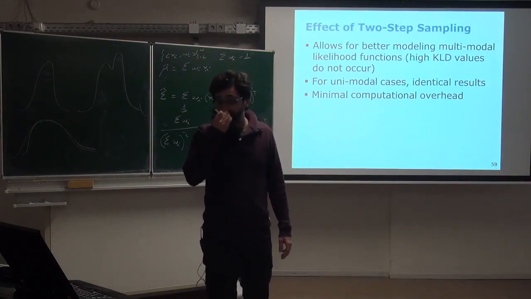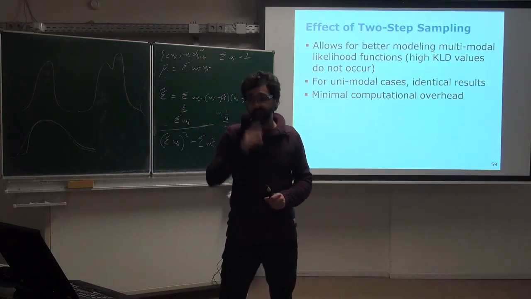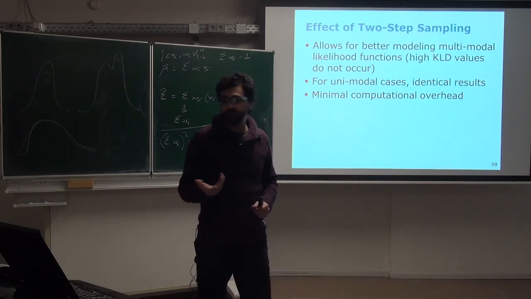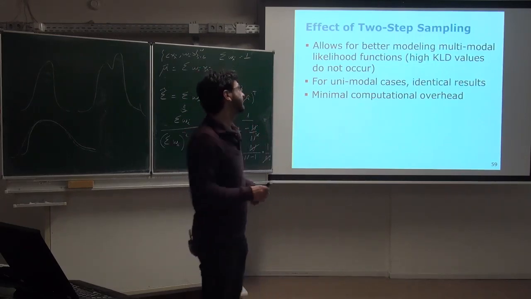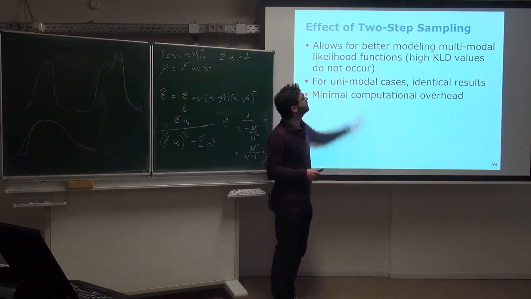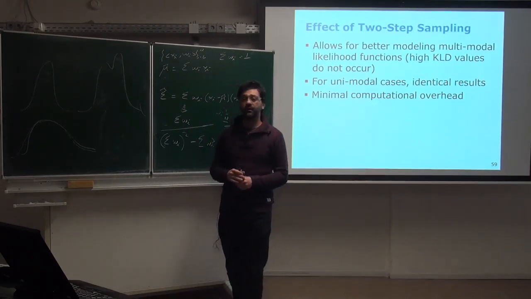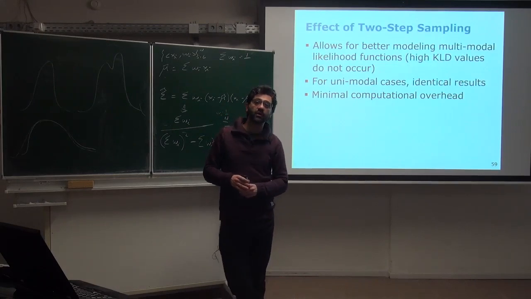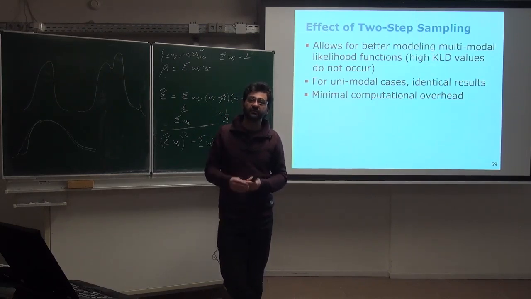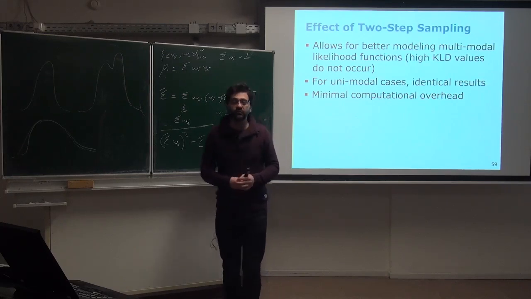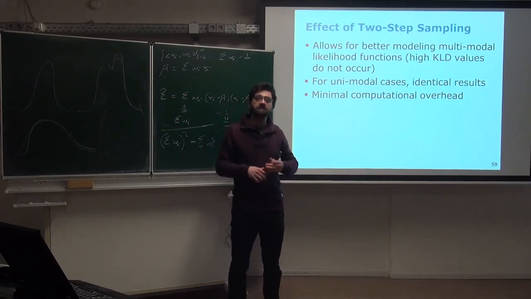Okay, so as a take-home message, the effect that this two-step sampling has is, of course, that it's better for modeling multimodal distributions, and you can say that the real advantage is exactly in this case. If you just have a unimodal distribution, you do not really have many differences, almost none.